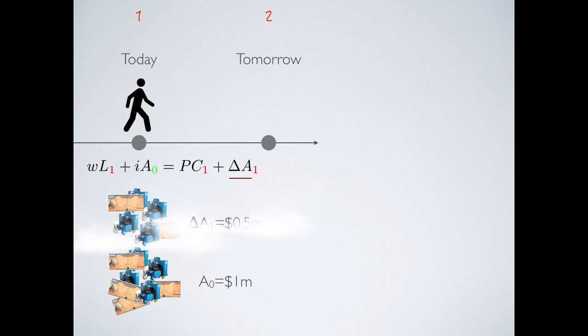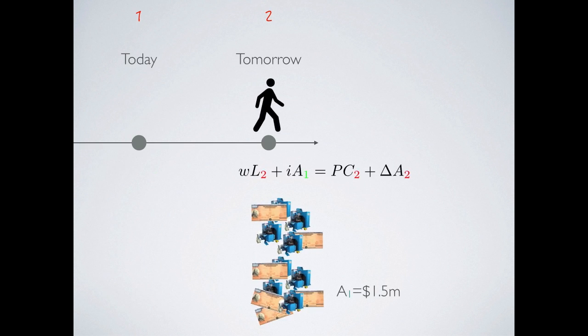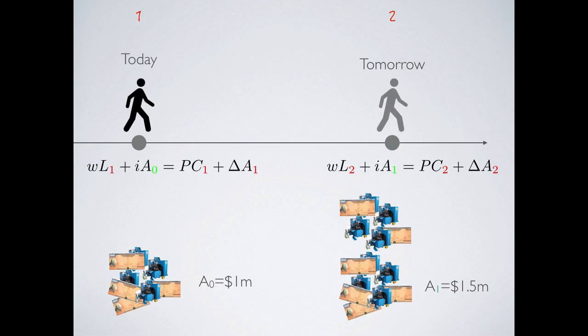If the household decided to invest $0.5 million on assets, it would imply that when we move on to tomorrow, then the initial asset value that tomorrow is going to inherit would be A1, which would be equivalent to the value of 1.5 million. Now we put both today and tomorrow's budget constraint together, you will be able to compare the change of time subscript and understand why we use 0 and 1 and 2.